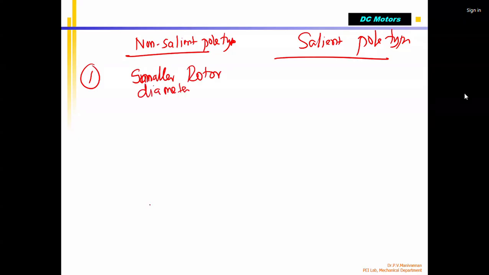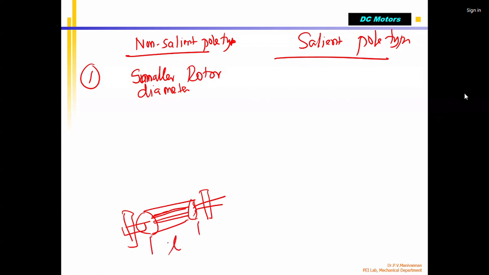What I'm saying is, generally it will be in cylindrical shape, right? So this is the shaft coming out. There's a bearing, right? Here there are grooves. The rotor has some length and it has some diameter also, correct?